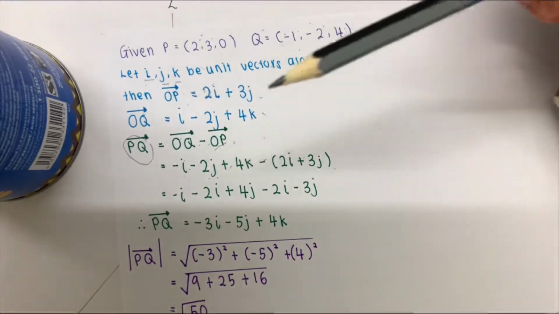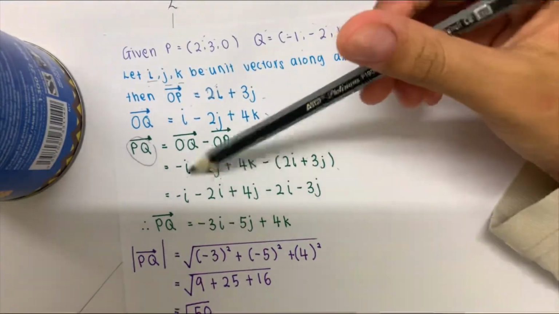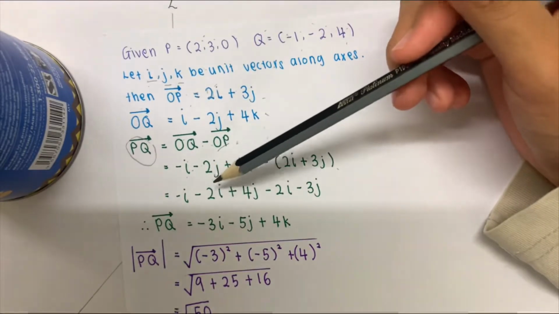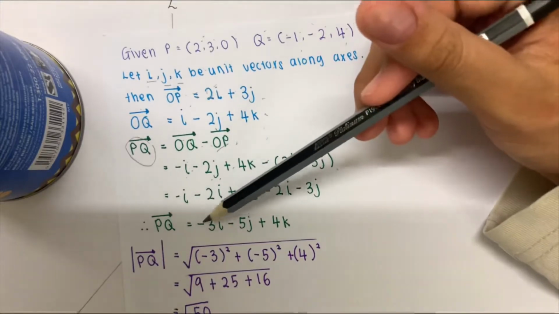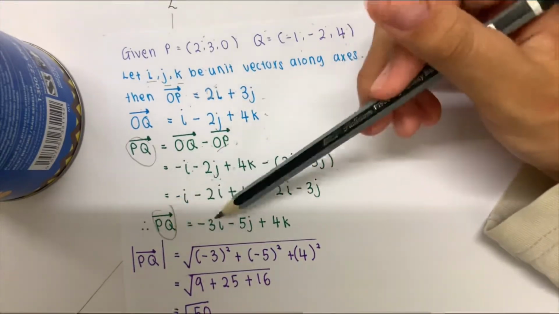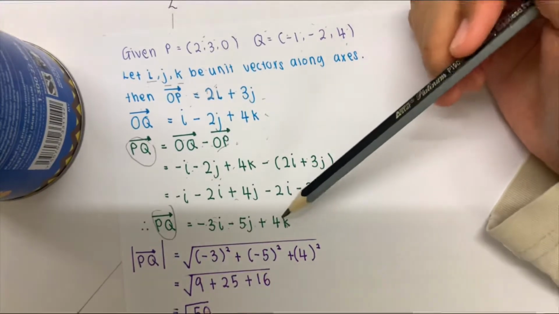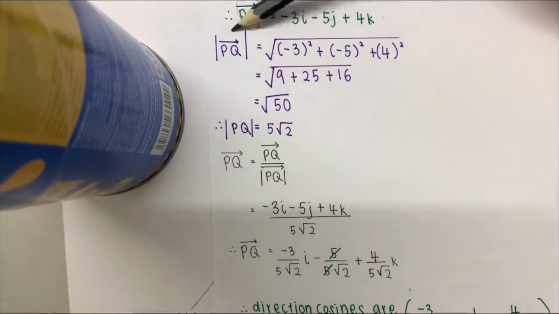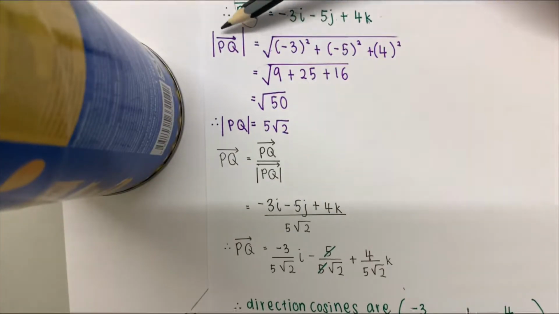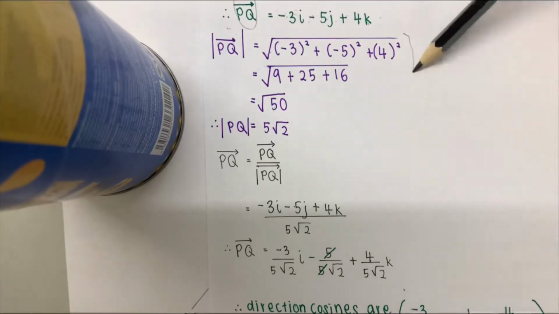Then we will calculate the answer, and we get this is the answer, negative 3i minus 5j plus 4k. Next, we need to settle the calculation.